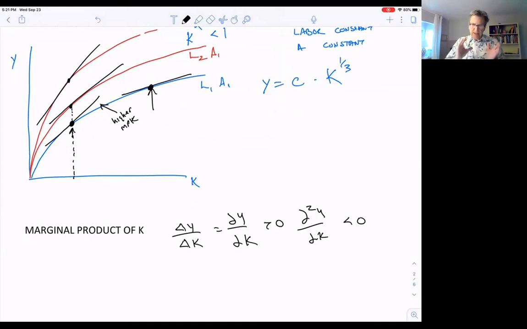So with any fixed amount of labor, the marginal product of capital shows diminishing returns, and is decreasing. It's decreasing because it's showing diminishing returns.